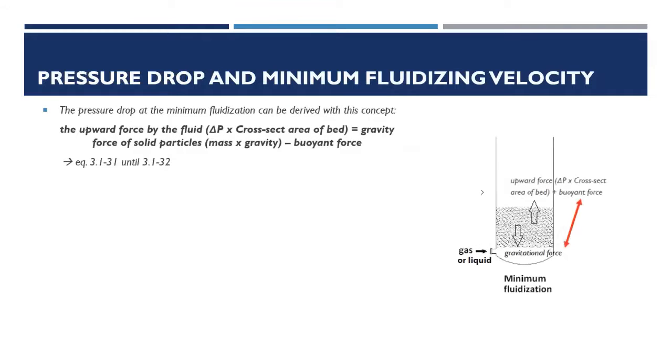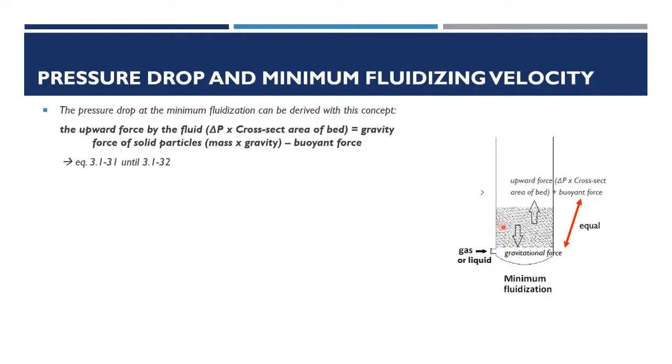This is the one that I told you before, that the pressure drop at minimum fluidization can be derived with this concept. The upward force, or the delta P of the fluid times the cross-sectional area of the bed, equals the gravitational force of the solid particles, which is mass times gravity, minus the buoyant force.